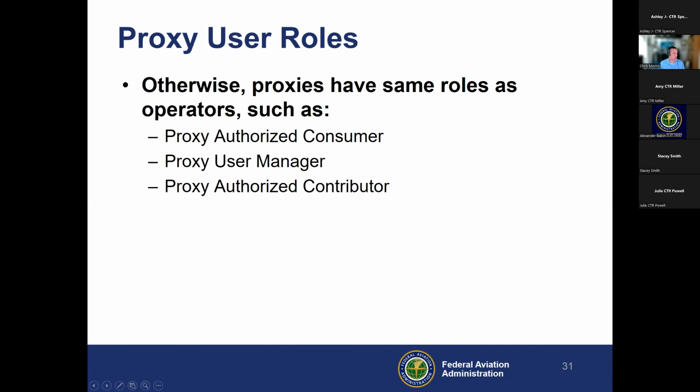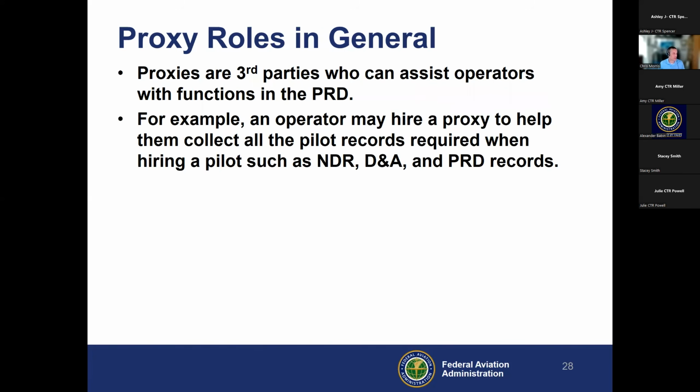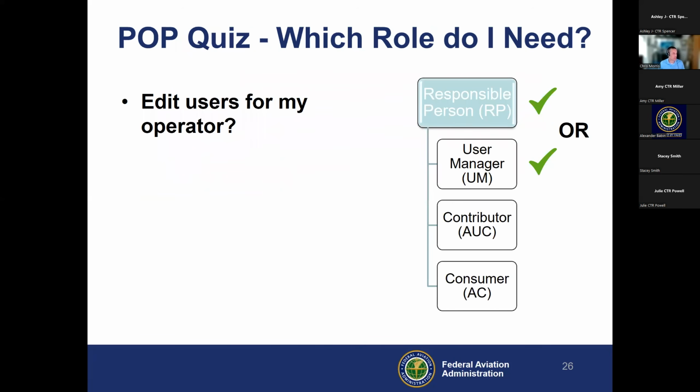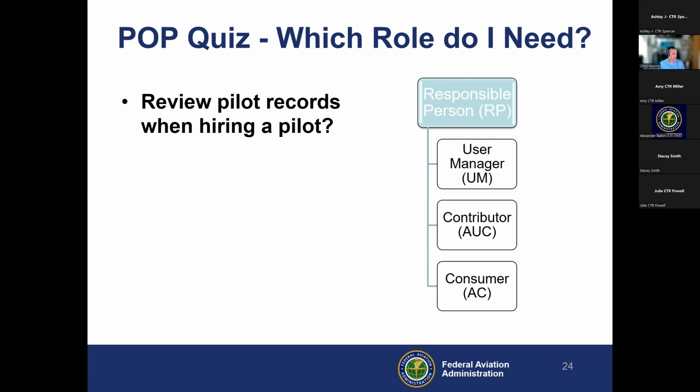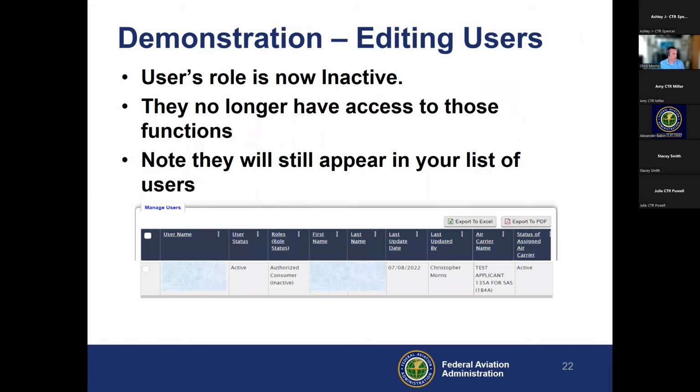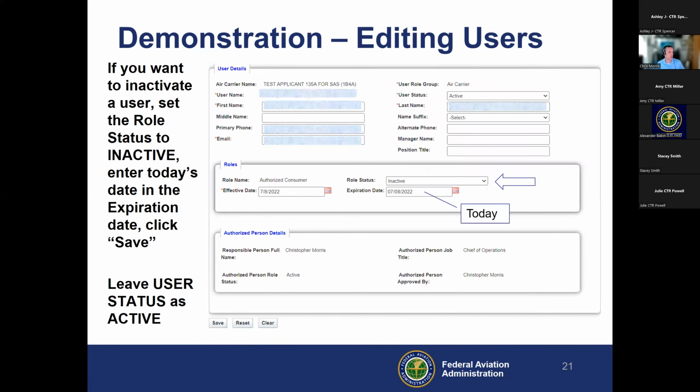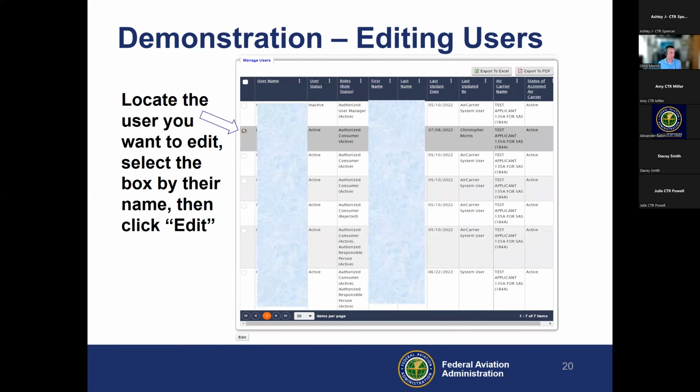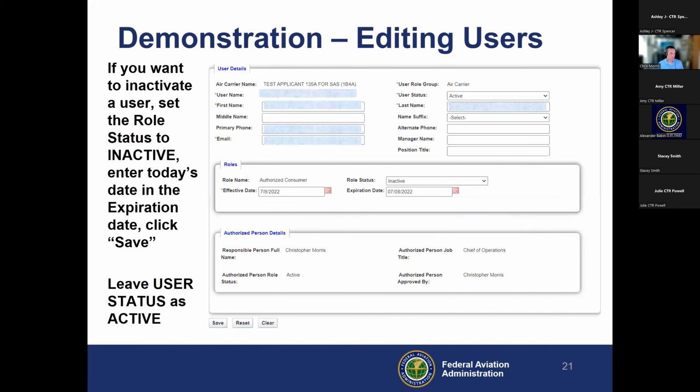So what you do is go back to the search page that I had shown you. Let me see if I can back this slide up and go to that page. Sorry, this isn't very pretty when I'm just clicking through. Okay, so search for the user, just like we did in the editing users example, find the user whose expiration date you want to remove, and hit edit at the bottom.